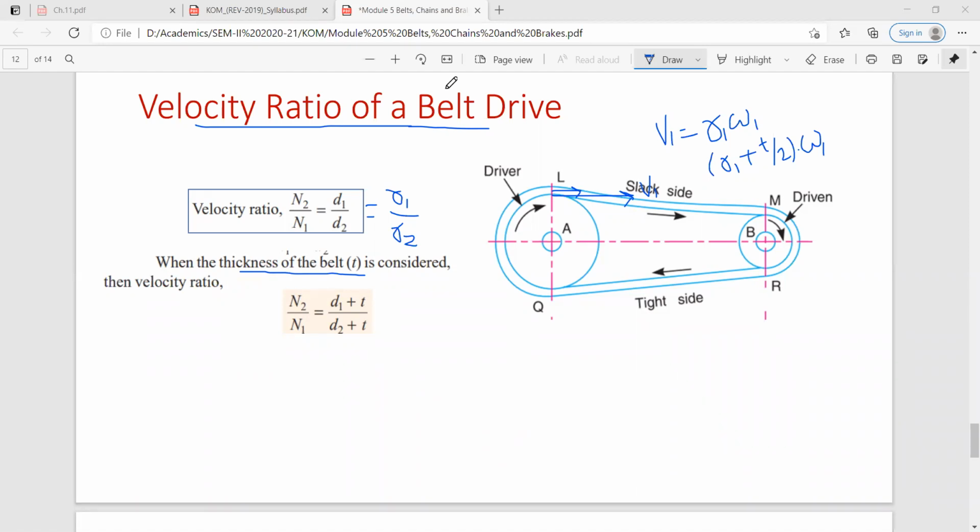Let me know if you have drawn the diagram and taken the formula. I think this diagram you should also draw at least one time. The more number of times you draw it, the more clear it gets in your mind.